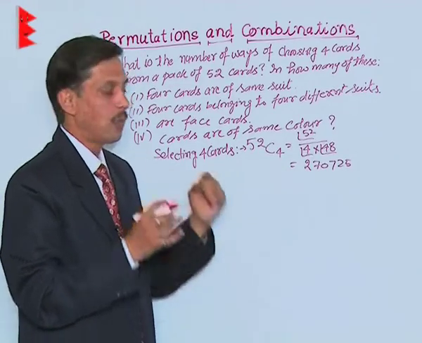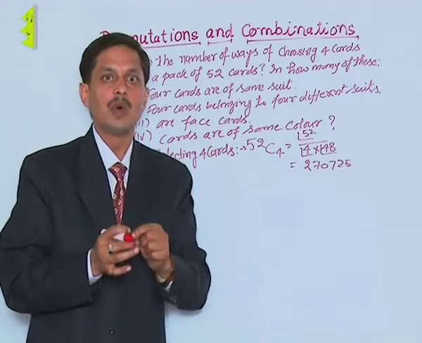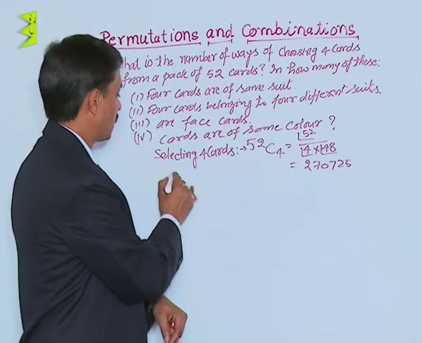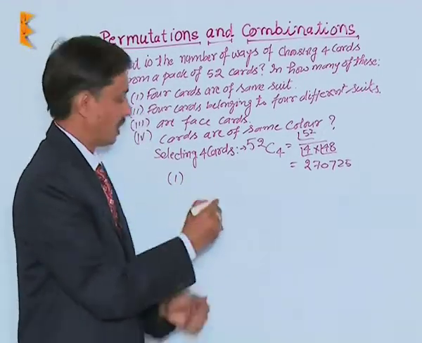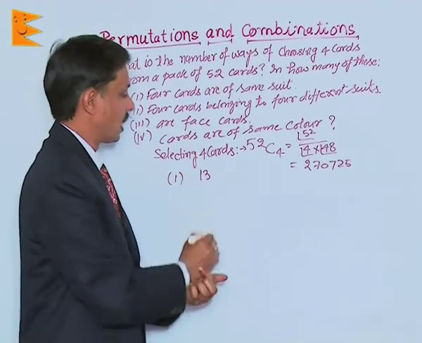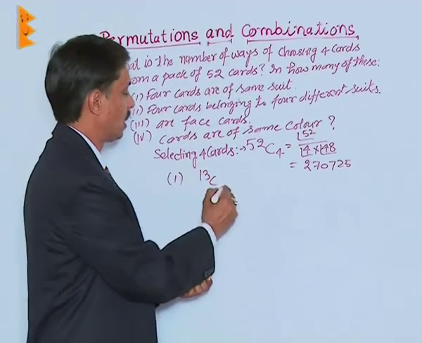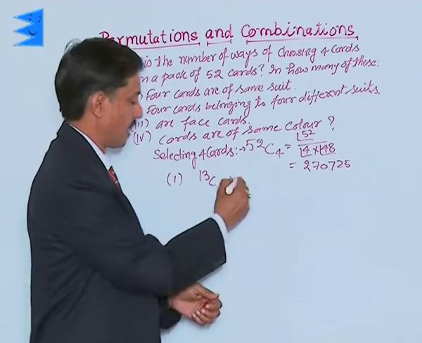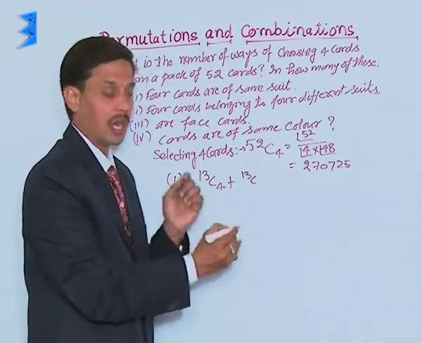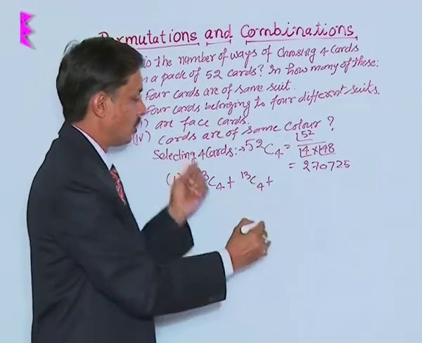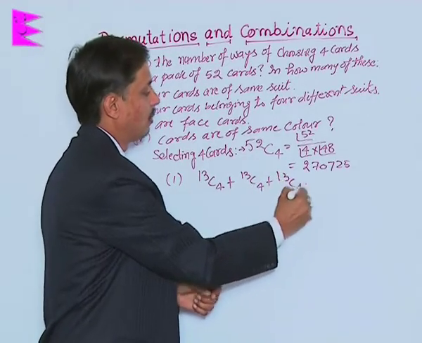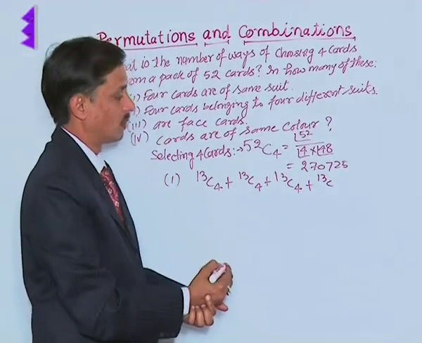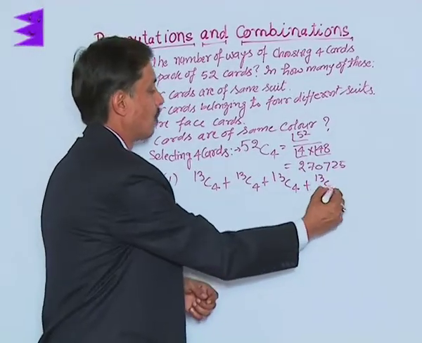So if all 4 cards fall in the same suit, then these 4 cards can be from the 13 cards of the diamond, or plus these can be from the 13 cards of the heart, or from the spade, or these 4 cards out of 13 will be from the club.